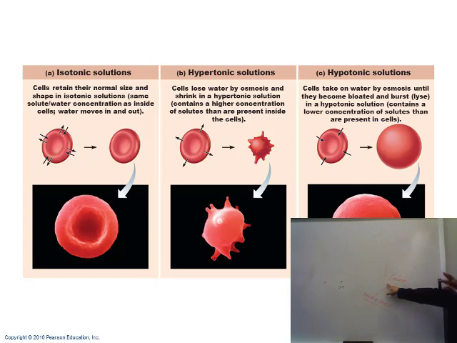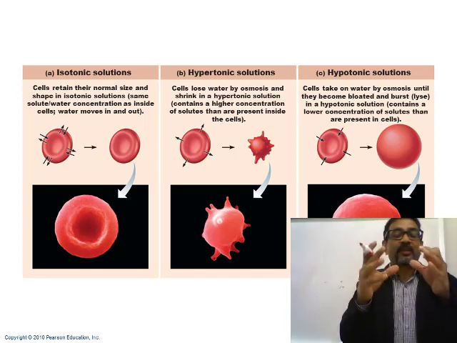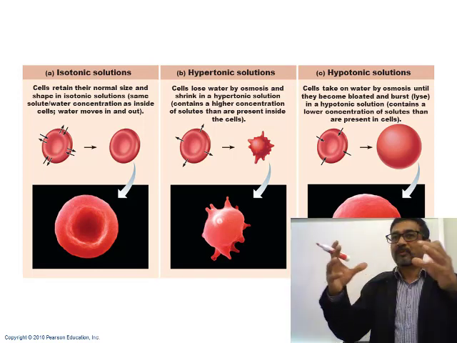Is it clear? So which way will the water move? Water always moves from low to high. That is osmosis, right? So water will get into the cell. Is it clear? From low to high. And the cell will get what?